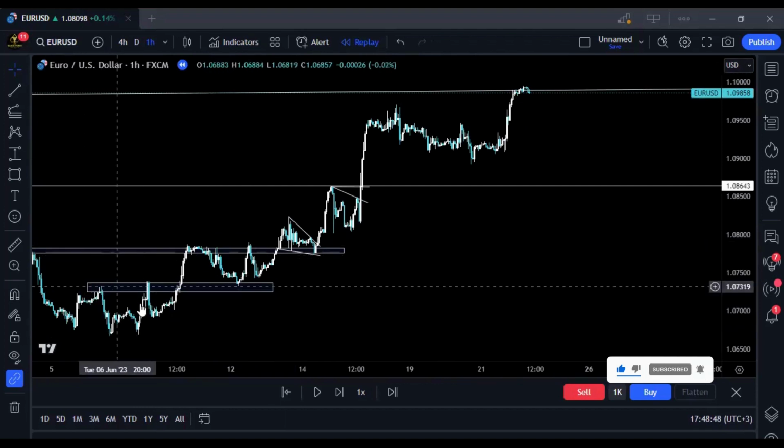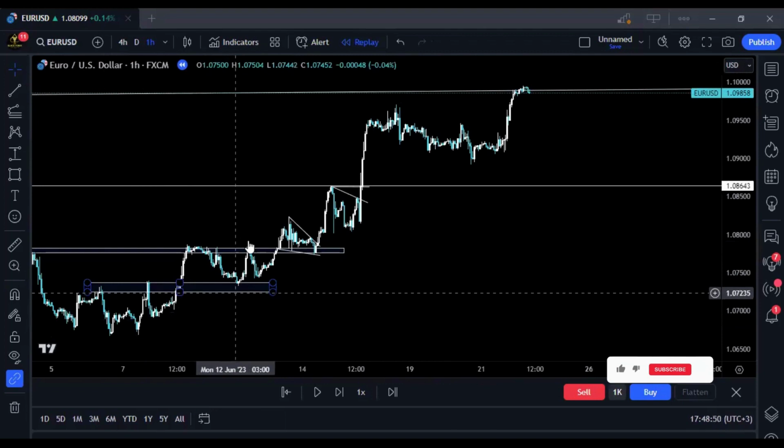You can see here the momentum is bullish. Like prices are creating higher highs and higher lows.